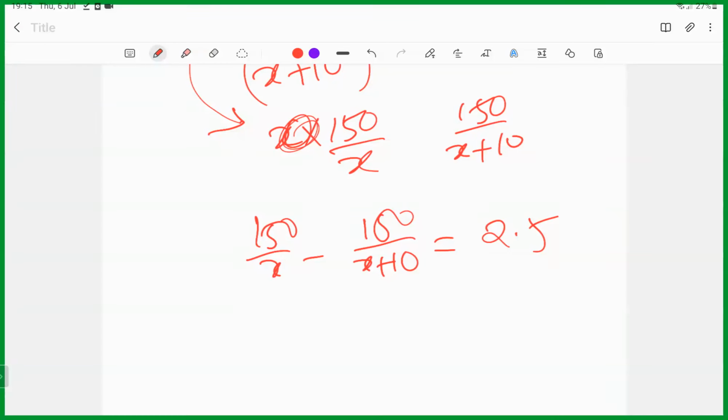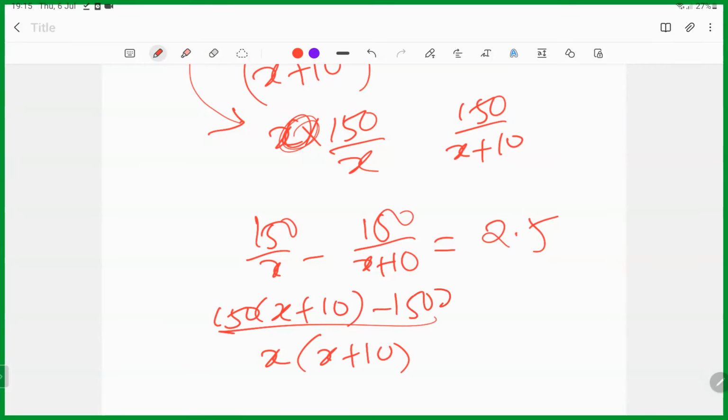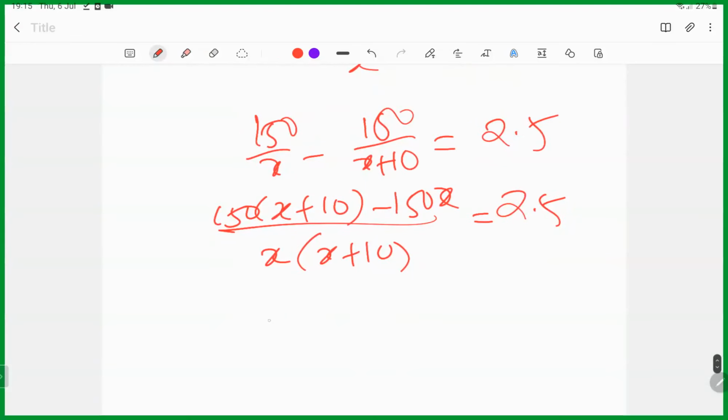Then how to solve this one? The LCM is x into x plus 10. So this is 150 into x plus 10 minus 150 into x equal to 2.5 x into x plus 10.